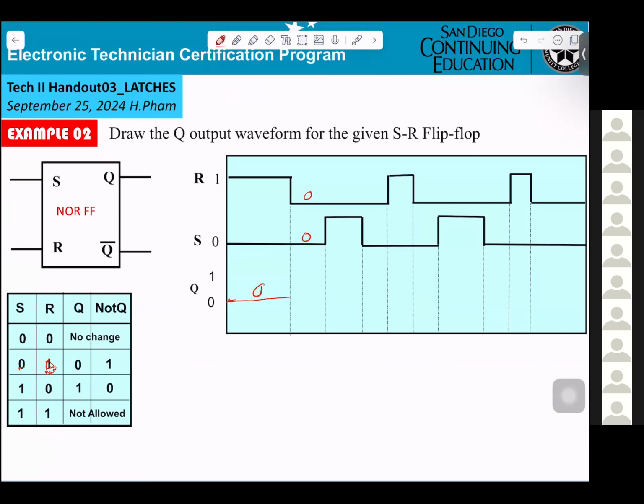And the next thing will be 0, 1. R is 0, Q equals 1, and then 0, 0.